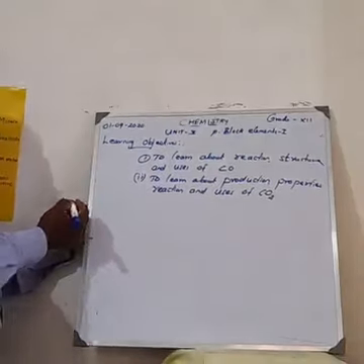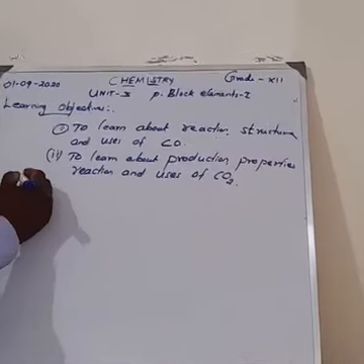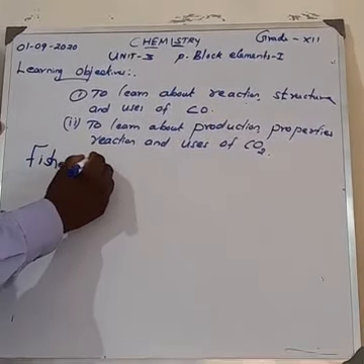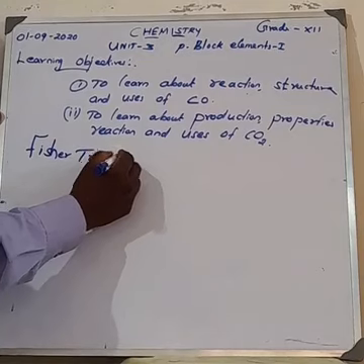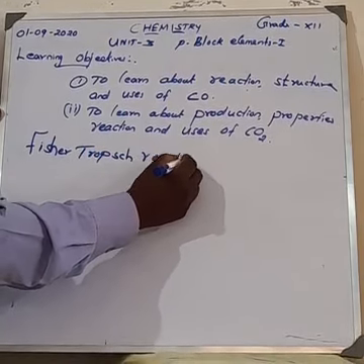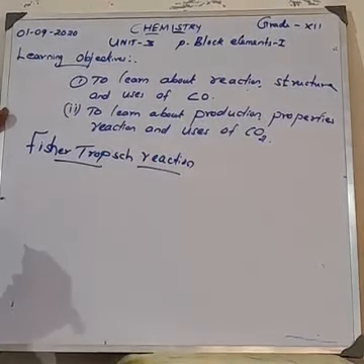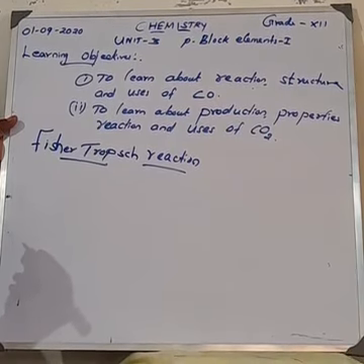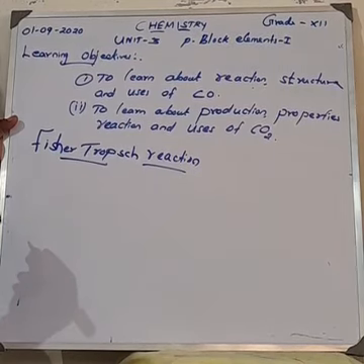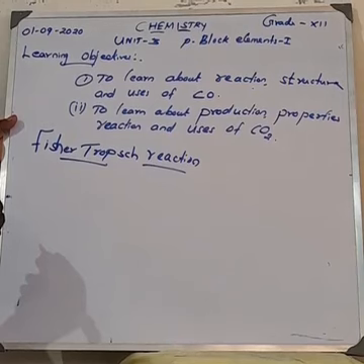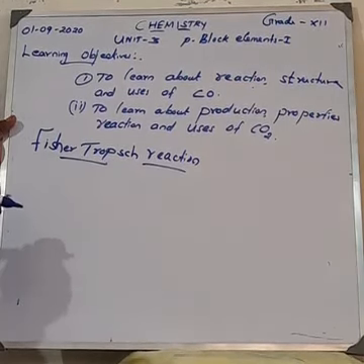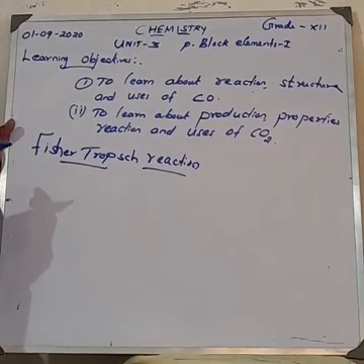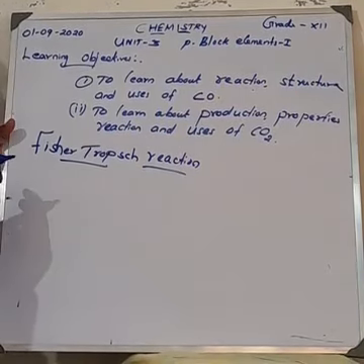One is the Fischer-Tropsch synthesis. Here, the reactions between carbon monoxide and hydrogen in the presence of a metal catalyst, applying certain pressure, give saturated and unsaturated hydrocarbons.